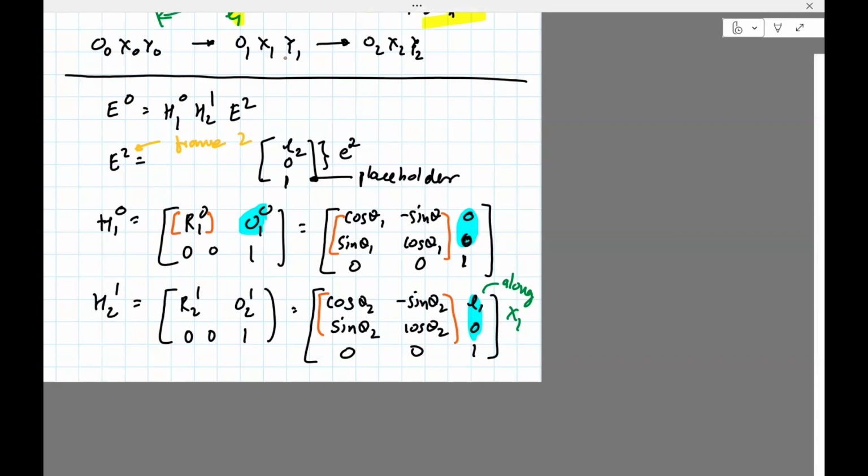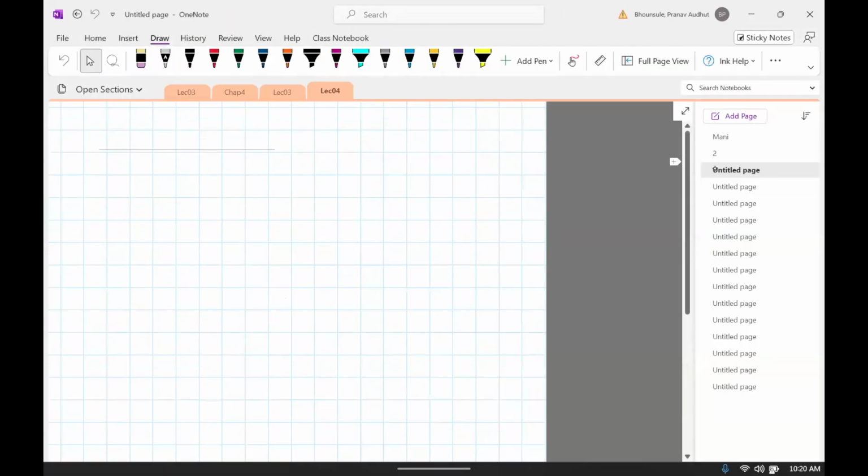You can see that we have everything we need: H1^0, H2^1, E2. We only need to find E0. So let's substitute it in and see what we get. E0 is H1^0, H2^1, E2.